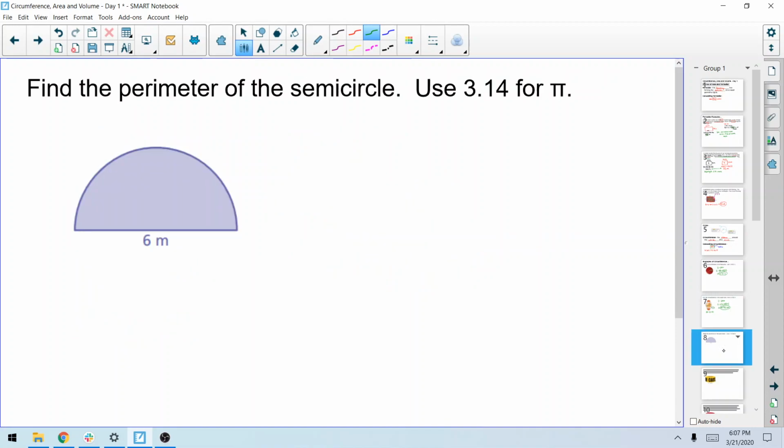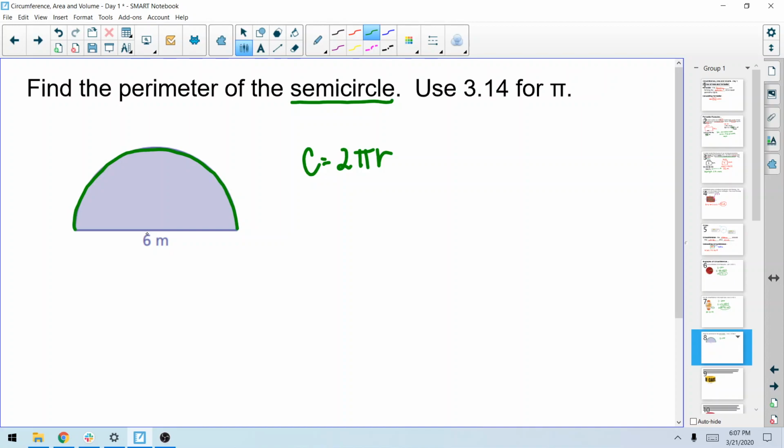Next one, find the perimeter of the semicircle. Use 3.14 for pi. So perimeter of a semicircle, half of a circle. Now, they want the perimeter, which is the distance around the whole outside, and this part I'm going to start with first is this part right here, because that's part of a circle, so we should be thinking circumference. Circumference equals 2 pi r.